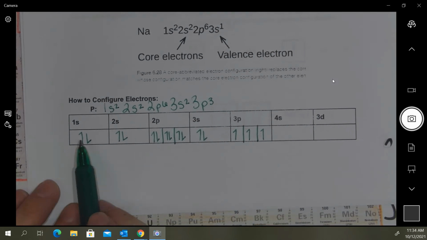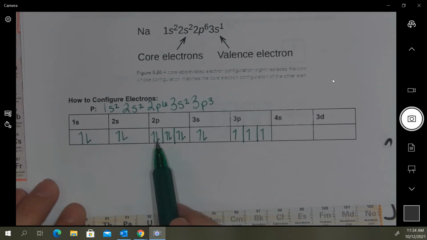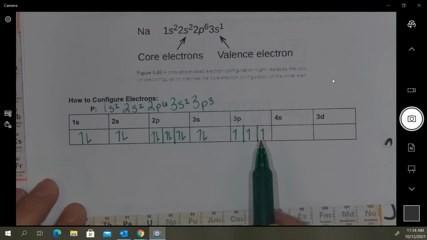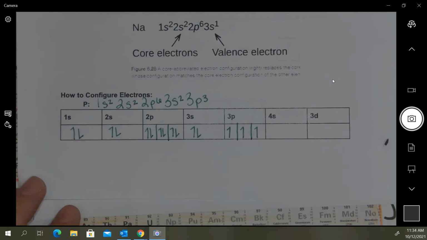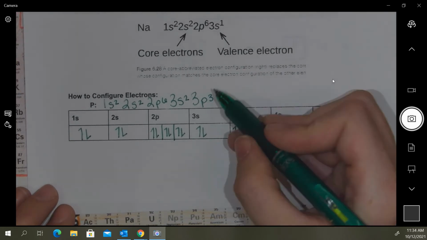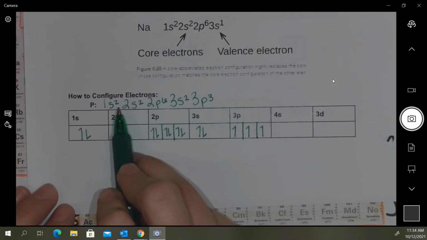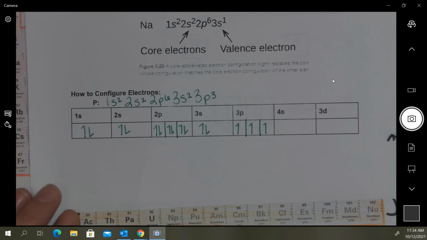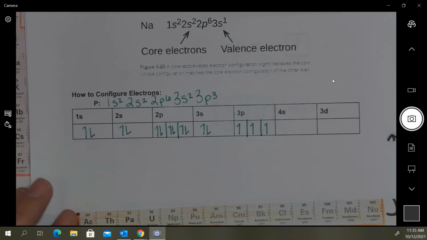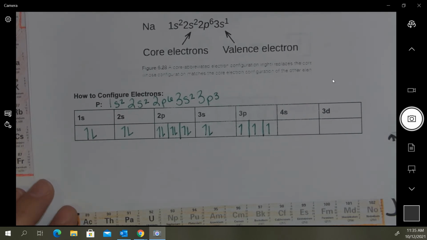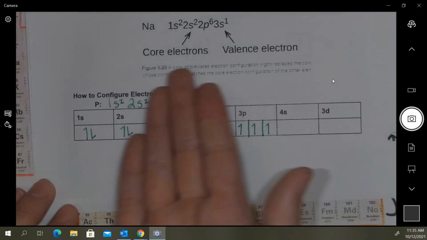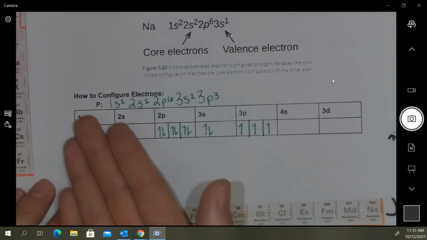If you count all of your lines, 1, 2, 3, 4, 5, 6, 7, 8, 9, 10, 11, 12, 13, 14, 15. We have our 15 electrons in total, or you could do 3 plus 2 plus 6, which equals 11, plus 4 gives us 15. Okay. So this is our configuration for phosphorus.